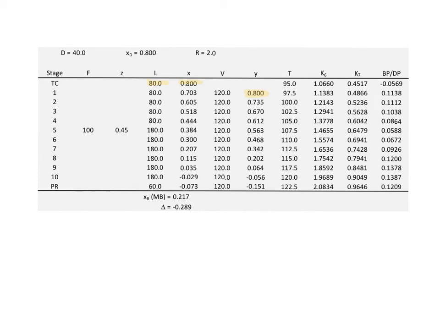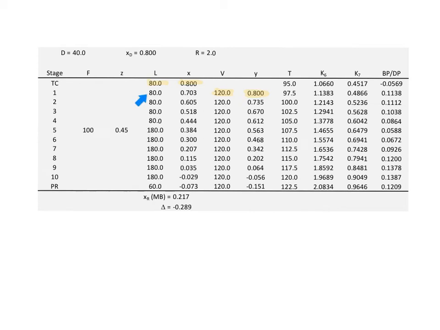The vapor flow leaving tray 1 right here is just the liquid leaving the condenser, 80, plus the distillate flow rate, 40. All of the other vapor flow rates are based on the equal molal overflow assumption. So we just copy the 120 on down the rows.